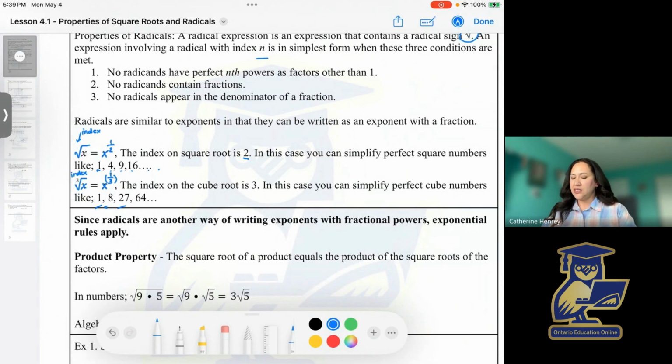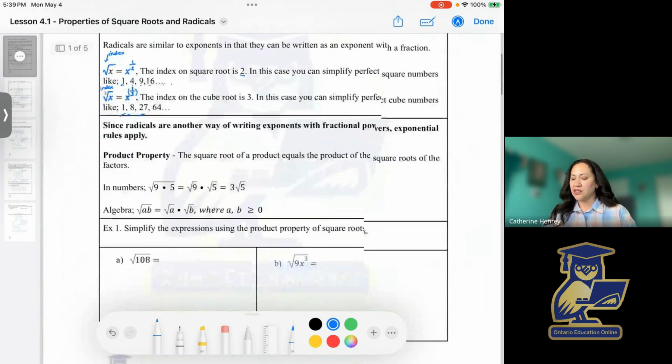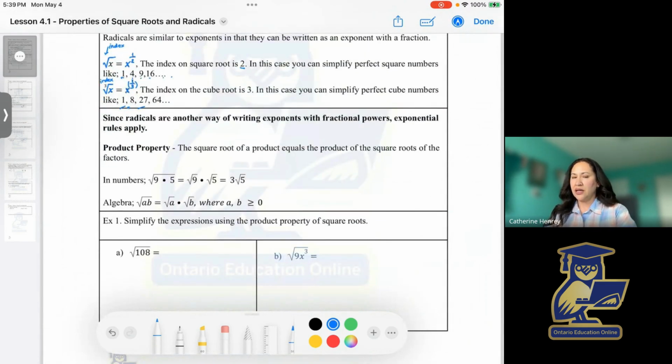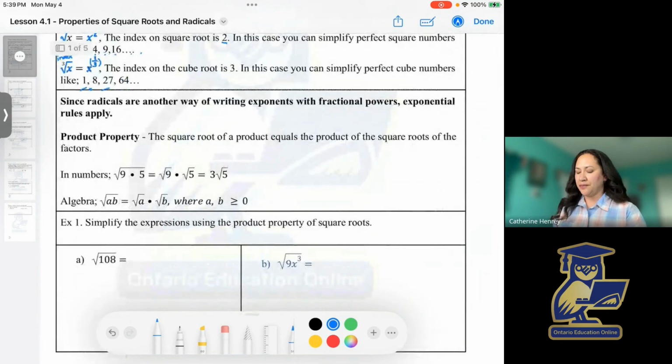So since radicals are another way of writing exponents with fractional powers, the exponential rules that we reviewed before are very similar. So the first one is the product property. The square root of a product equals the product of the square roots of the factors.